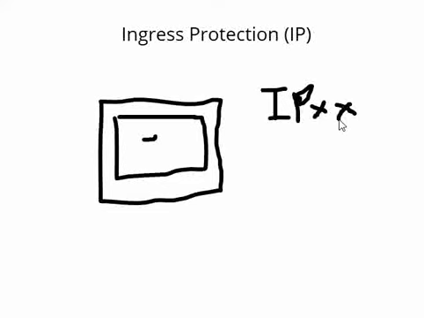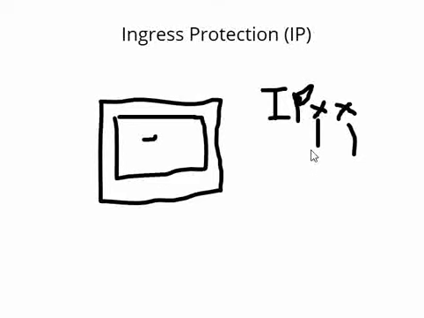If you have seen the ratings of the enclosures of electronic products, you might have seen some IP ratings as 67, 68, 64, 65, whatever. That means there are two numbers associated with this ingress protection.